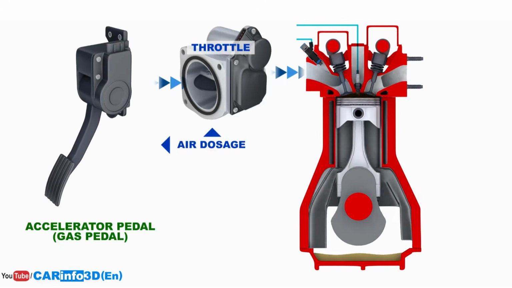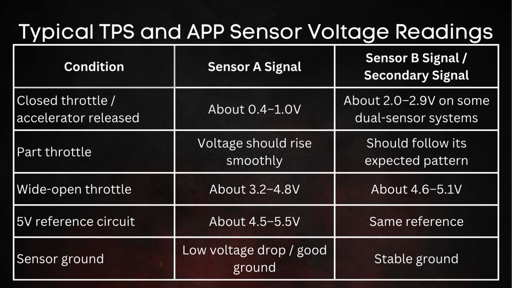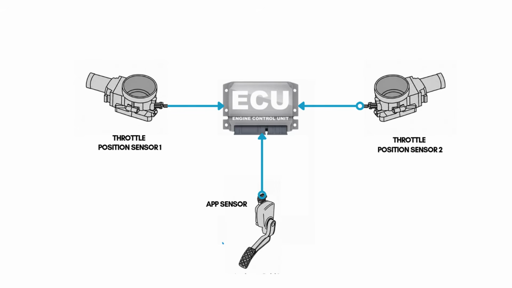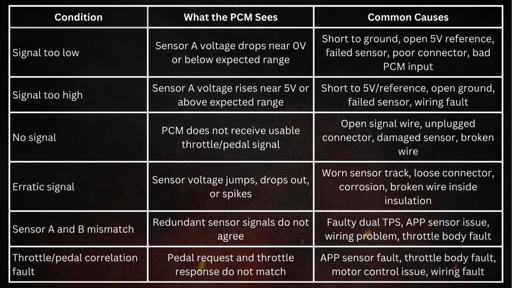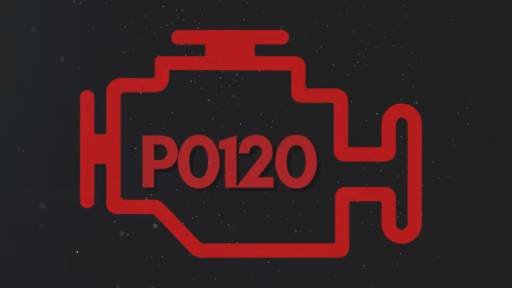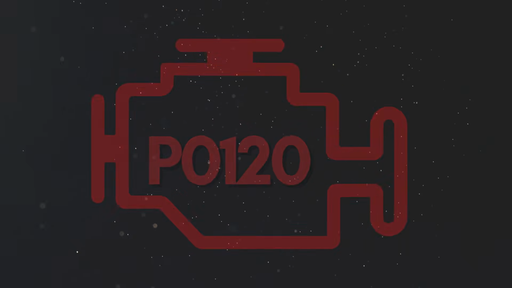As the throttle plate or accelerator pedal moves, the sensor voltage changes smoothly, as shown in the table. On vehicles equipped with dual sensors, the ECM also compares both sensor signals to make sure they follow the expected relationship. If the signal suddenly disappears, becomes stuck, jumps erratically, falls outside the expected voltage range, or the two sensor signals no longer agree with each other, the ECM recognizes that it can no longer trust the throttle or pedal position information and triggers the P0120 trouble code.